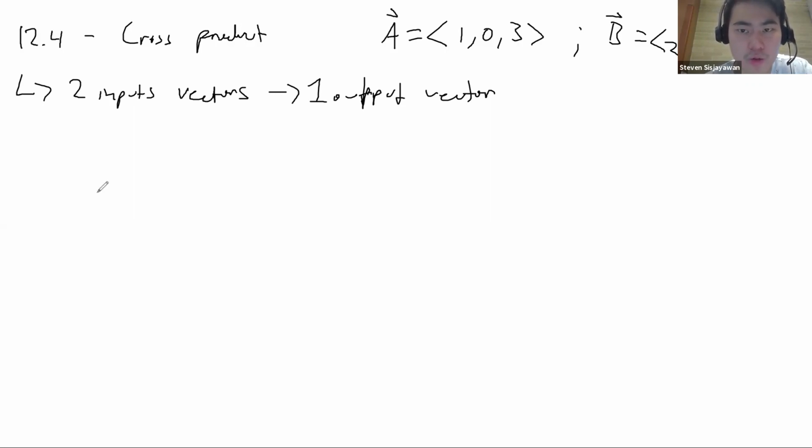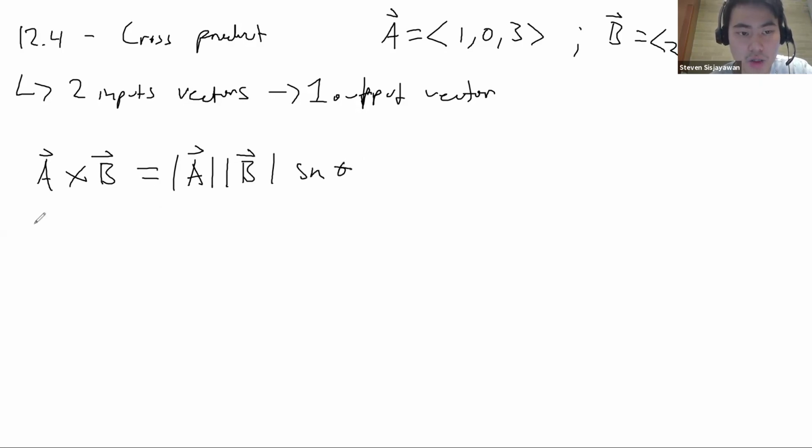I won't go through the mechanics of how to find a cross product. You guys covered it already in recitation and lecture, so I'll just go through this example. Let me write down the definition. A cross B is the same thing as the magnitude of A times the magnitude of B times sine theta.